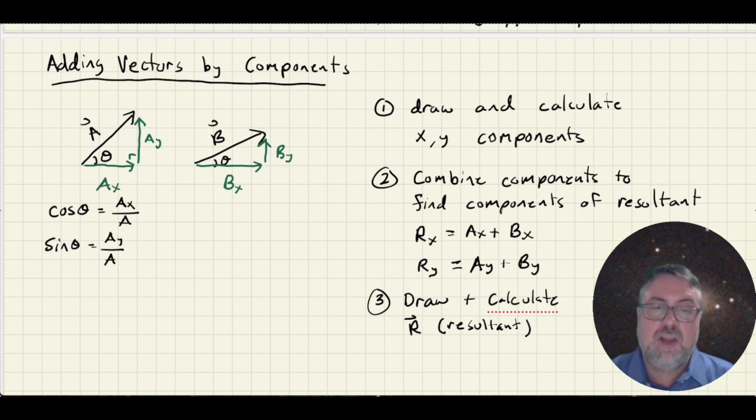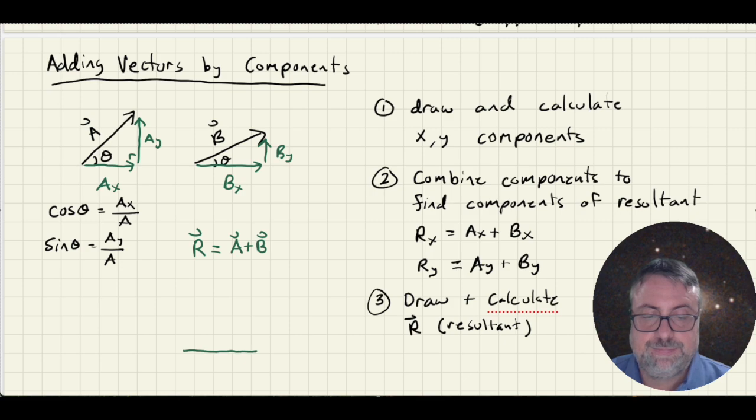So, if I want to know the result of adding vectors A and B, well, that's simply going to be whatever our x is added to whatever our y is, because this is going to be the same as the x part of my answer plus the y part of my answer.